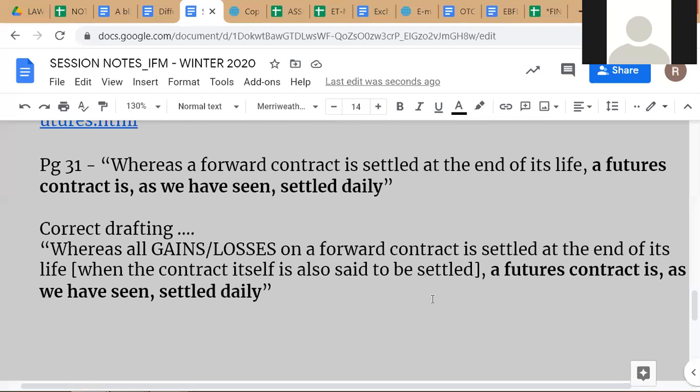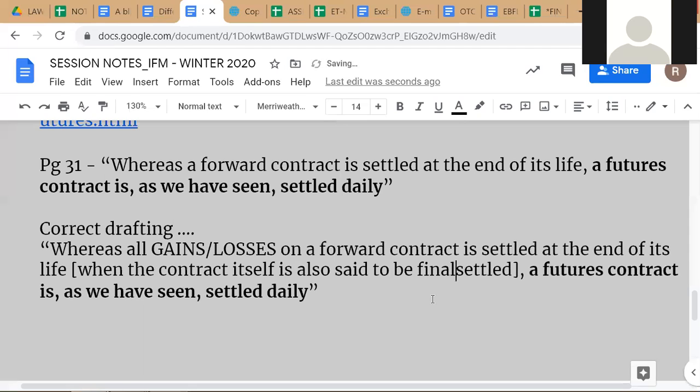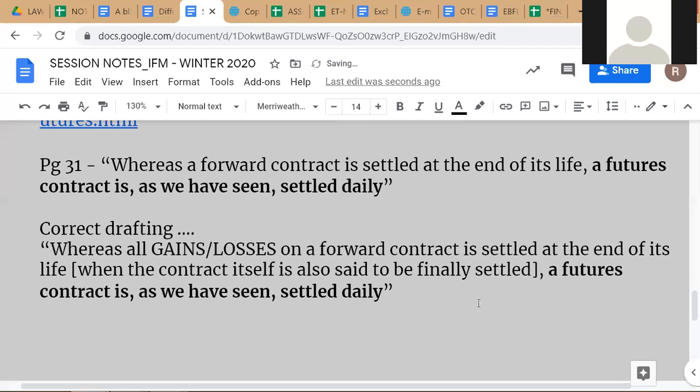The contract itself is also said to be finally settled, in the sense that the contractual obligation to deliver the assets that each party has sold is discharged. Hopefully everything goes smoothly, nobody defaults, and then you have a final settlement on the settlement date. So we can say that the forward contract is finally settled.